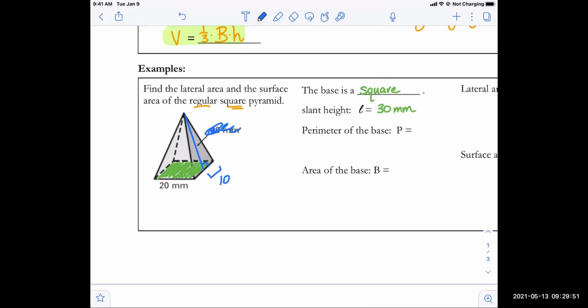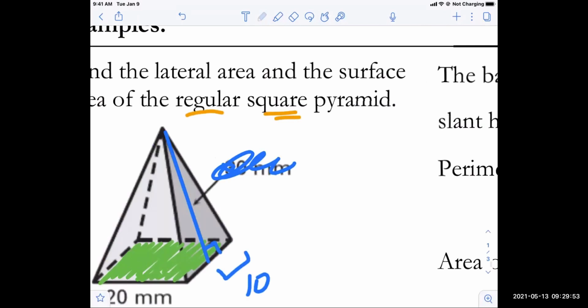And then if I gave you the length of the lateral edge, let's say I told you that was like 25 or something, how would you find the slant height? That's a 30-60-90. Pythagorean theorem, okay? So they might not give you the slant height, but they should give you enough to be able to figure out the slant height if it's not given.